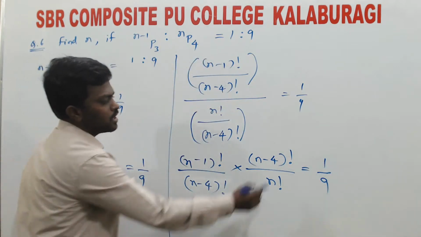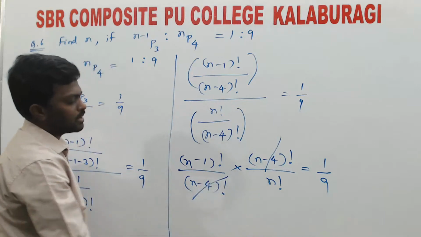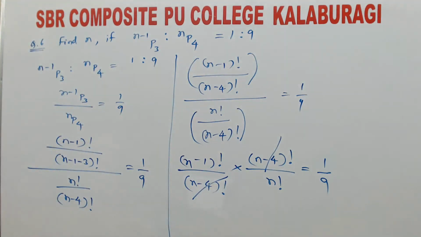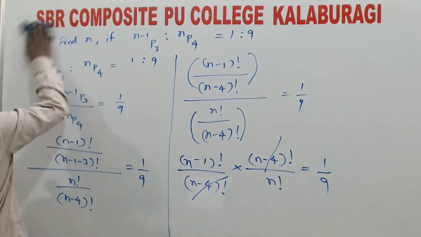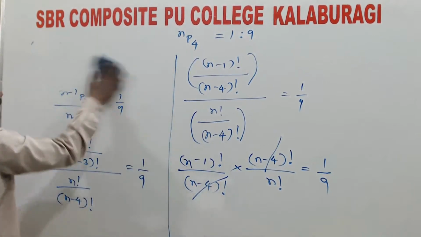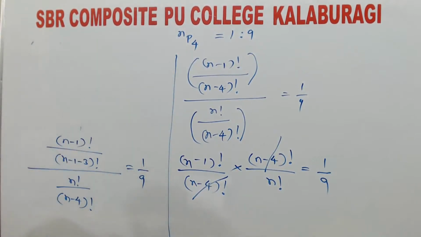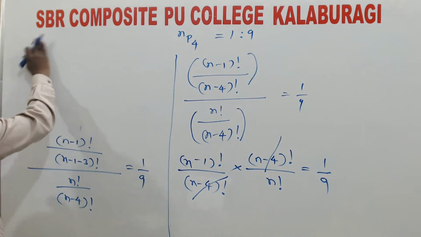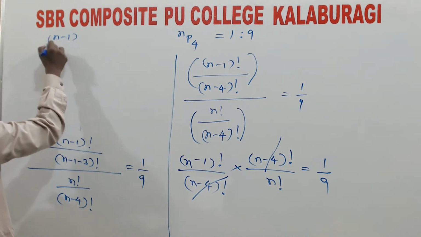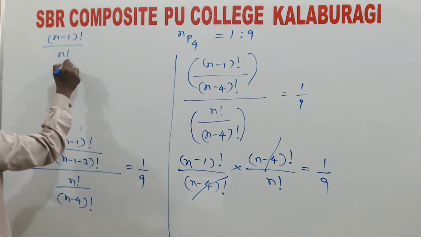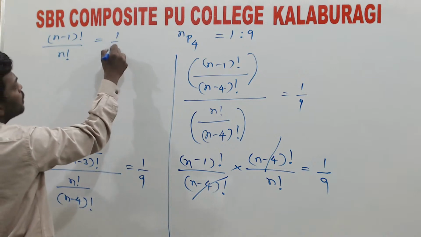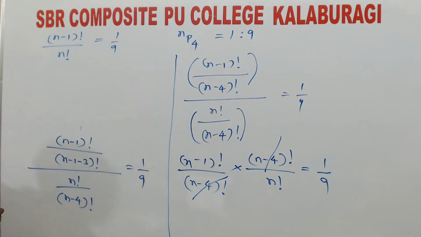Now if you observe, the (n minus 4) factorials cancel. So what are we left with? The remaining terms are (n minus 1) factorial whole divided by n factorial, which is equal to 1 by 9, students.